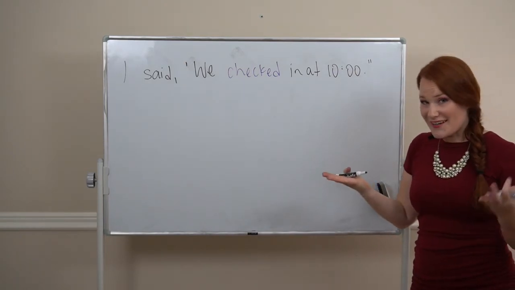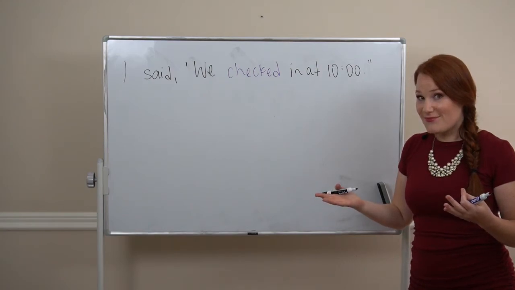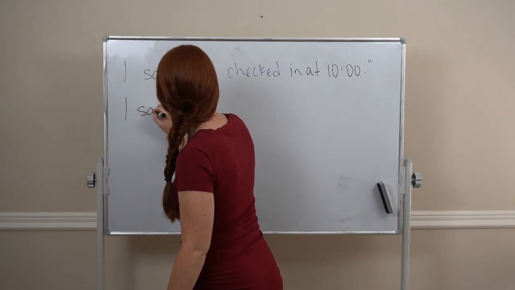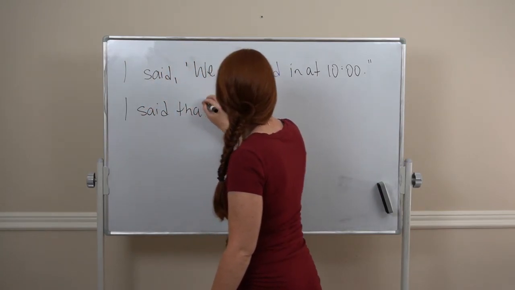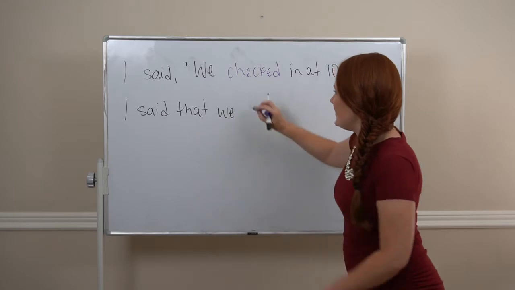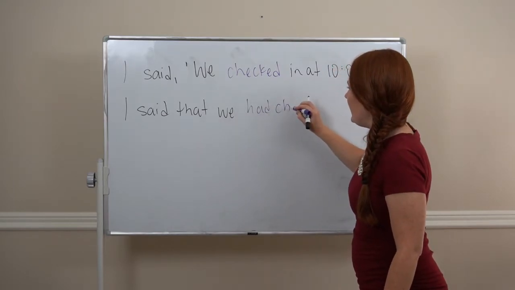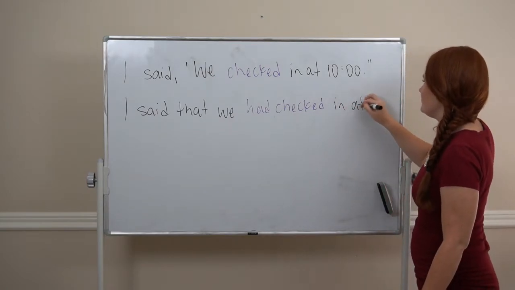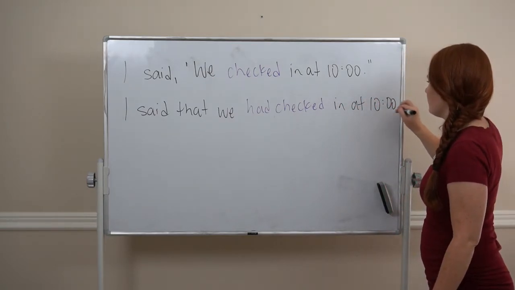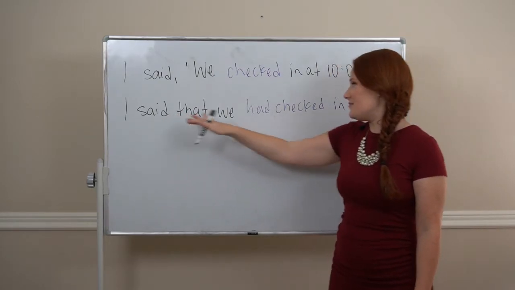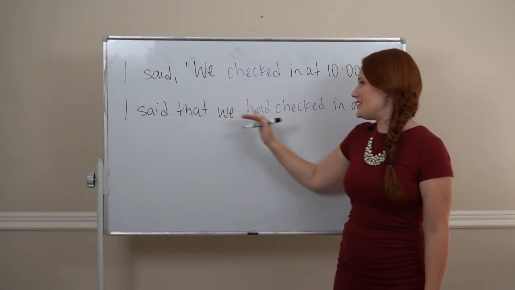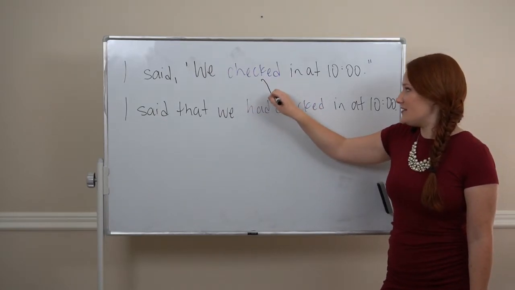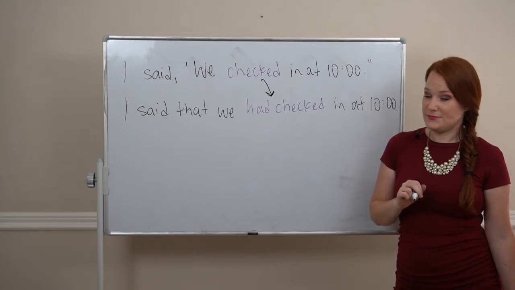What's before simple past? Past perfect. I said that we had checked in at 10 o'clock. All right, so I said it, but this happened before I said it, so past perfect. Past simple to past perfect.